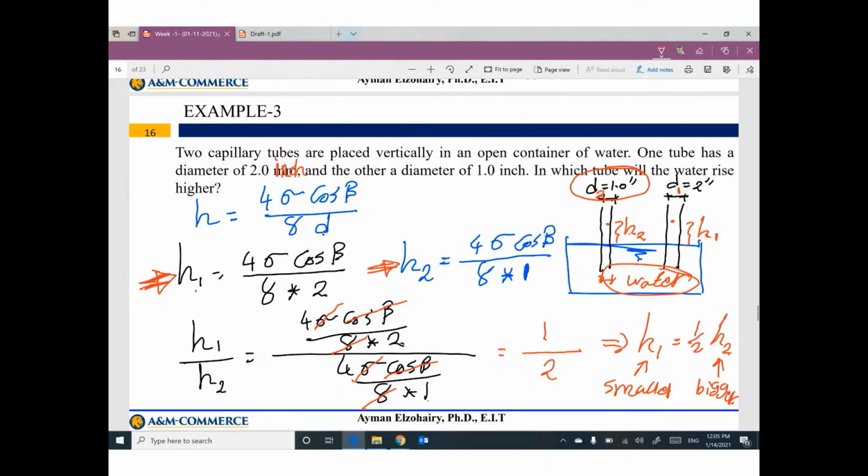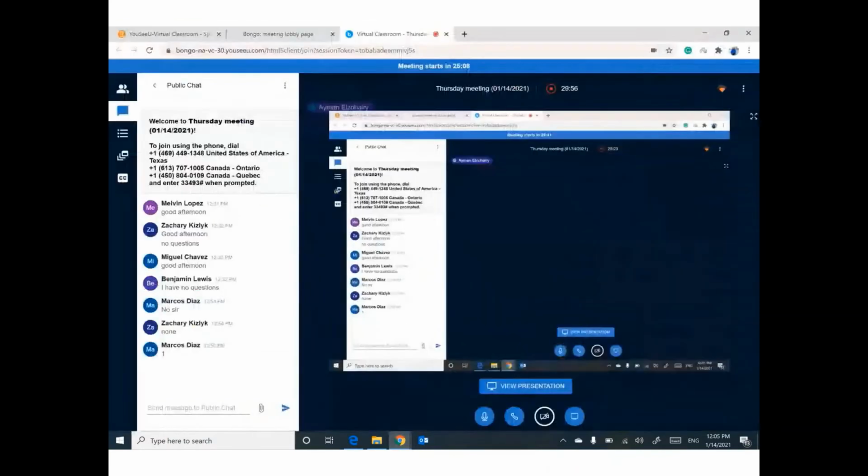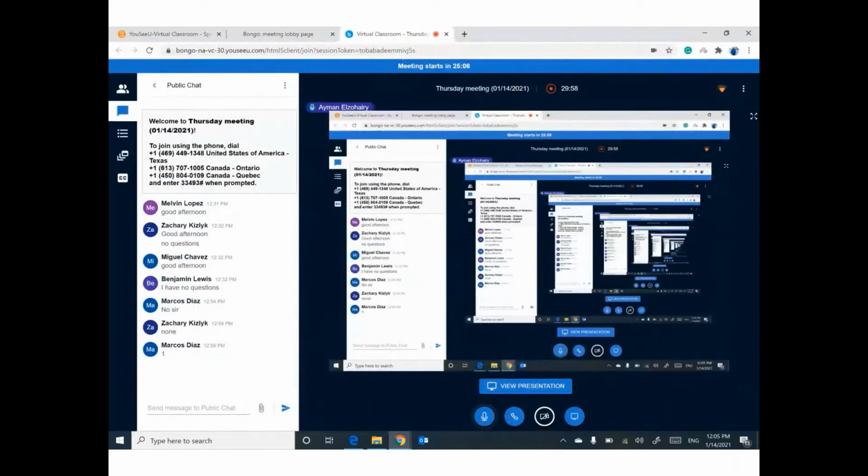Same water means the same surface tension, the same beta, the same gamma. I cancelled all these terms together. Finally, I found H1 divided by H2 equals 1/2. So I can figure out which one is smaller and which one is bigger. This example, we had one like this in the first exam last year.